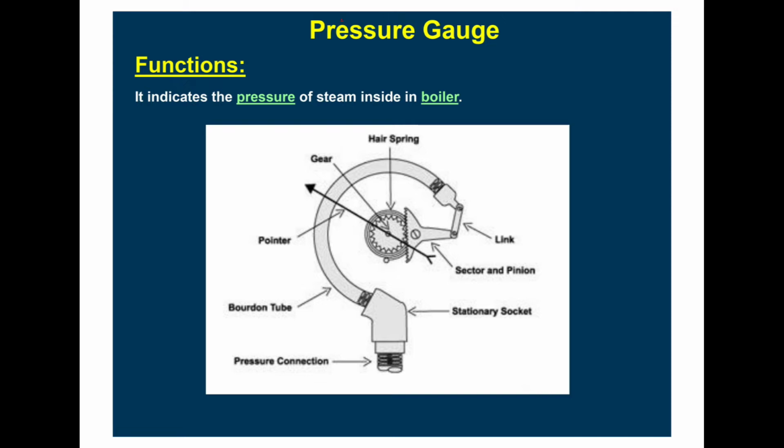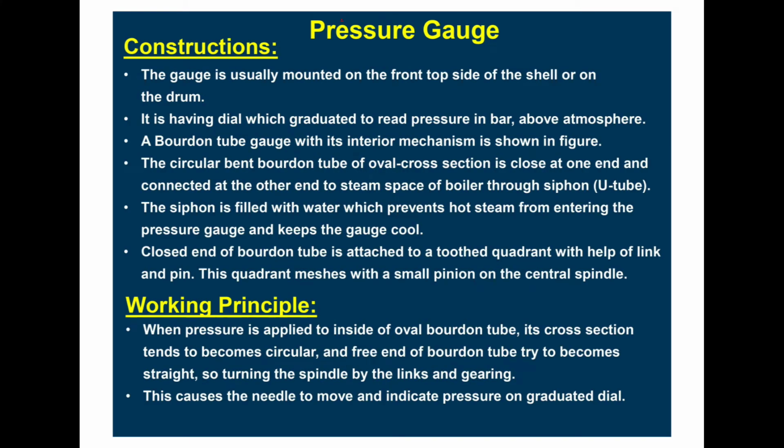The function: it indicates the pressure of steam inside the boiler. According to the construction, the gauge is usually mounted on the front top side of the shell. It has a dial which is graduated to read pressure in bar above atmosphere. A Bourdon tube gauge with its interior mechanism is shown in the figure.